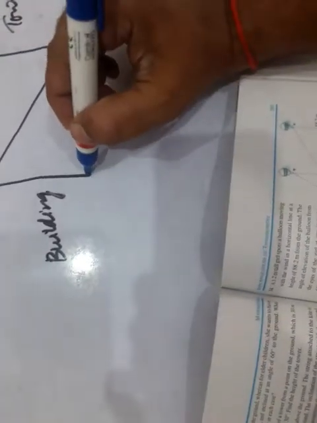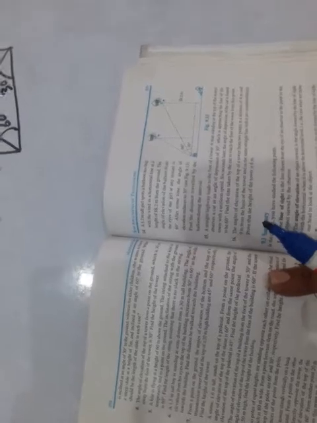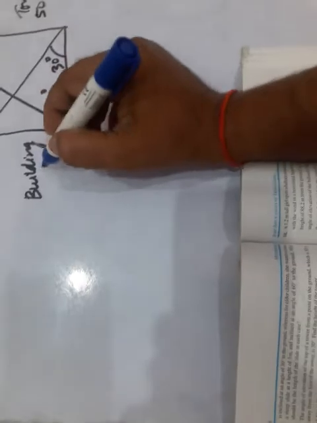And the angle of elevation of the top of the tower from the foot of the building is 60 degrees. If the tower is 50 meters high, then what we have to do is find the height of the building. This height of the building we have to find out. That is the question mark.